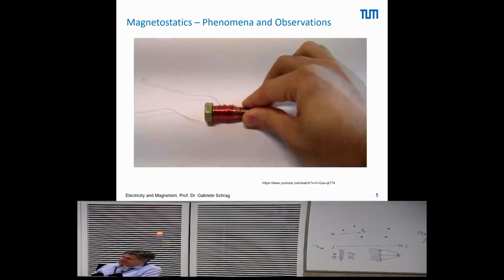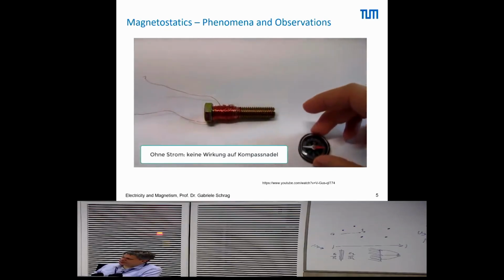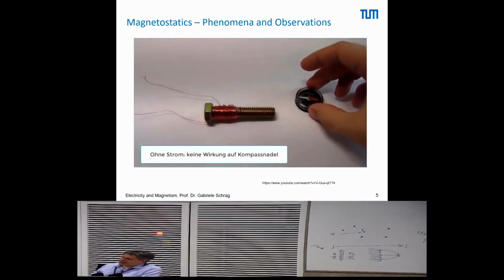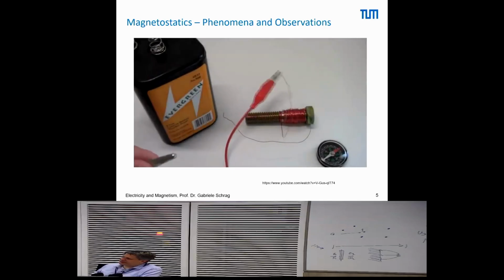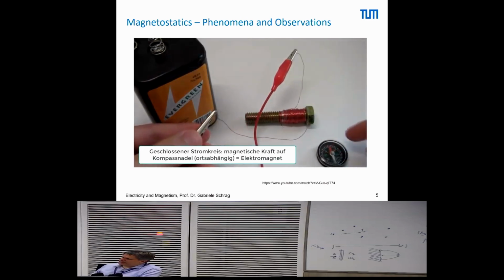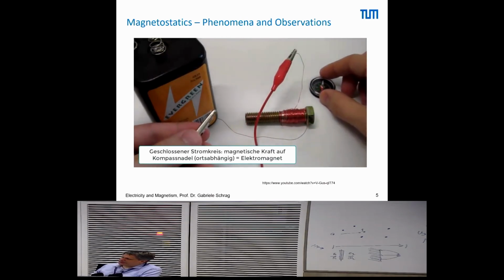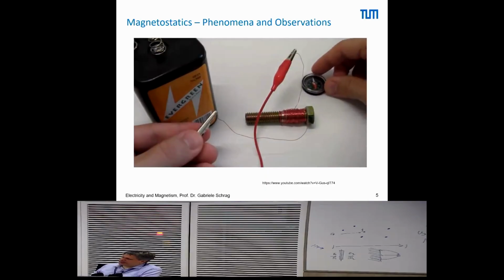And this is something that you can also very nicely reproduce. You take a screw or some iron nail, and you make a lot of windings. This is an insulated wire, and you wrap it around. You actually obtain a very strong electromagnet. As soon as current flows through this wire, there is a magnetic effect.